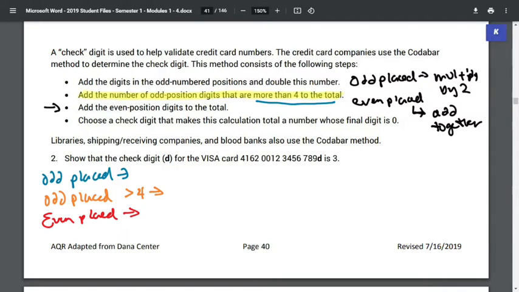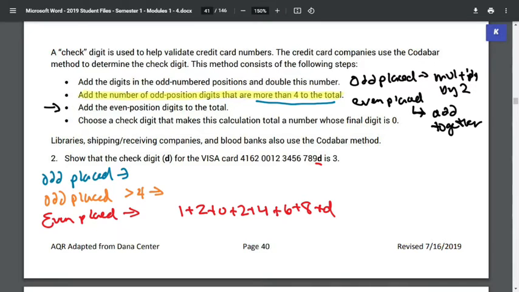I'll skim through our even and odd placed numbers. We should be able to figure those out since we just did that in the lesson before. But since I already have the readout, if we add all of our evens together, here's the numbers for that. We're looking for the check digit to prove that that is a 3.